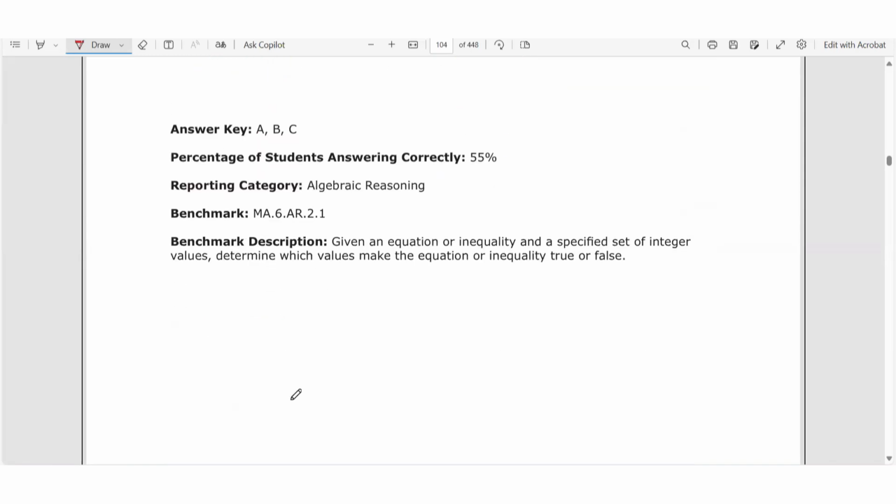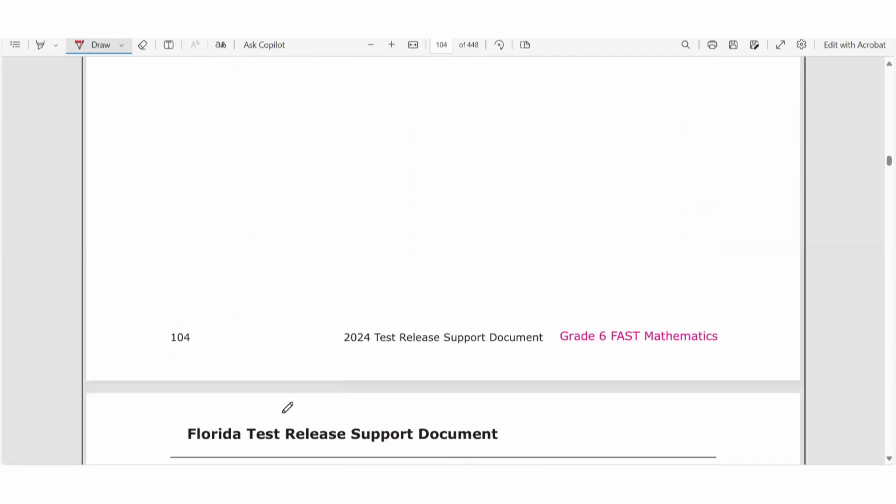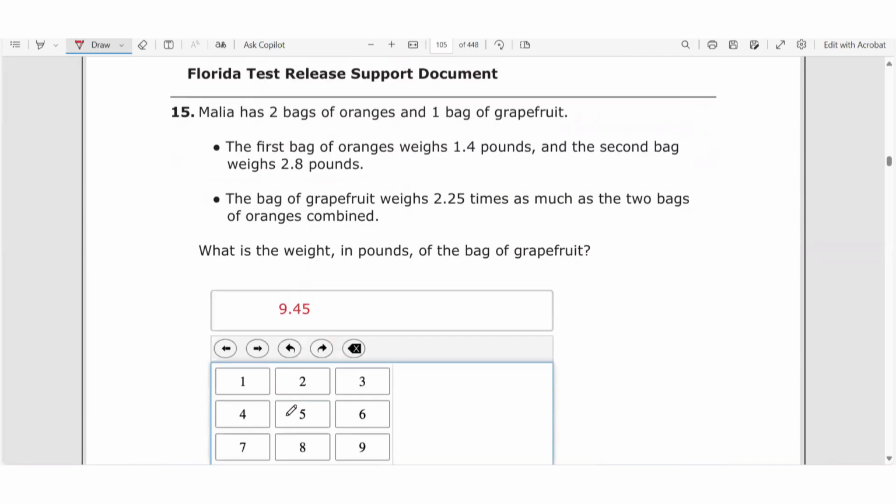All right, let's go to this other question here. It says, Mali has 2 bags of oranges and 1 bag of grapes. So we have 2 bags of oranges, we have 1 bag of grapes. The first bag of oranges weighs 1.4 pounds and the second bag weighs 2.8, okay?